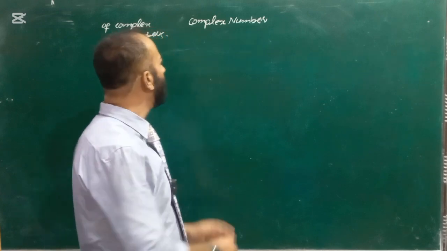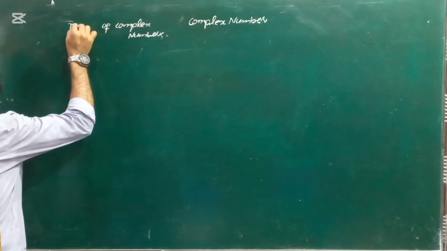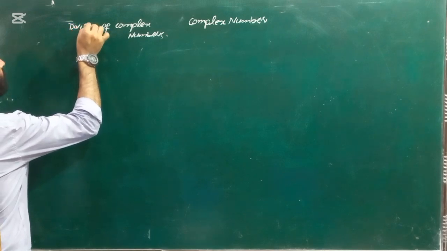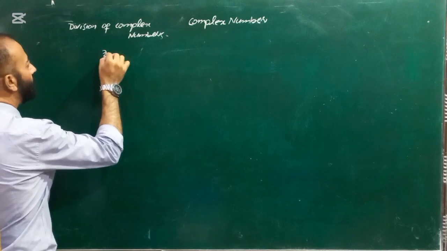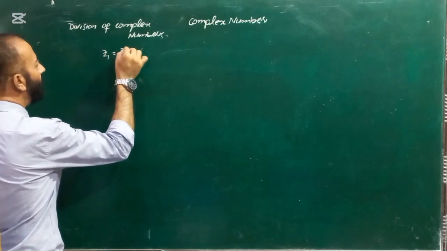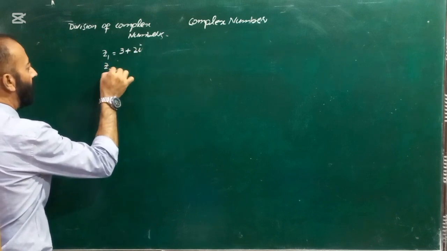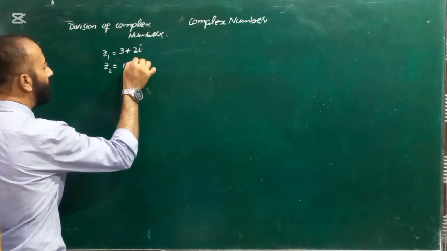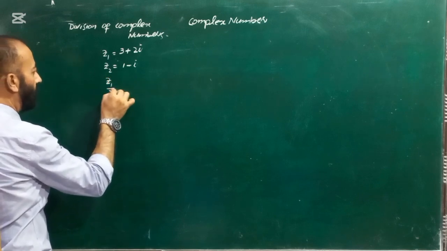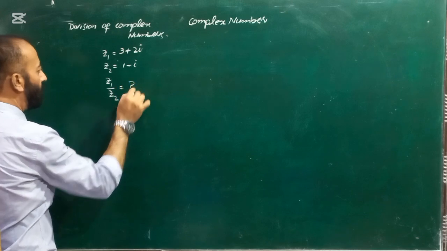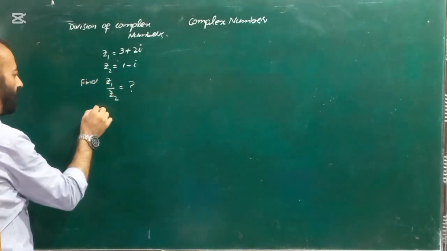The next thing that we are going to read in complex numbers is division of complex numbers. Suppose we are given two complex numbers, Z1 is 3 plus 2 iota and Z2 is 1 minus iota. And suppose we are required to find Z1 over Z2. So concentrate now.